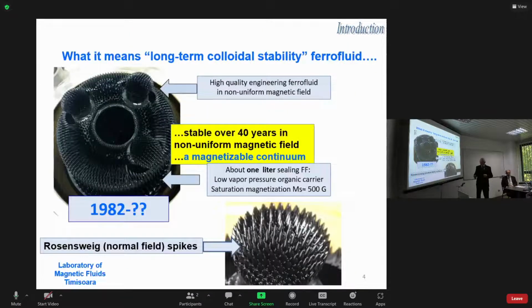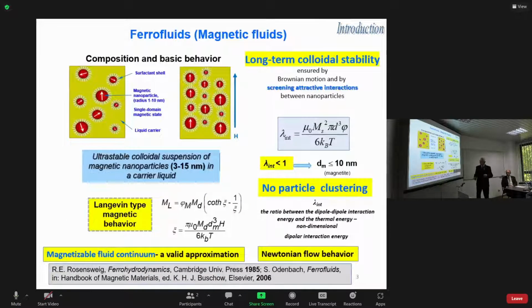Here I try to outline this. A colloidal suspension in a carrier liquid, from water to a lot of other liquids we will see immediately. What is the reason for such small particles? We have to manage to have a colloid which is, in these conventional ferrofluids, indefinitely stable.